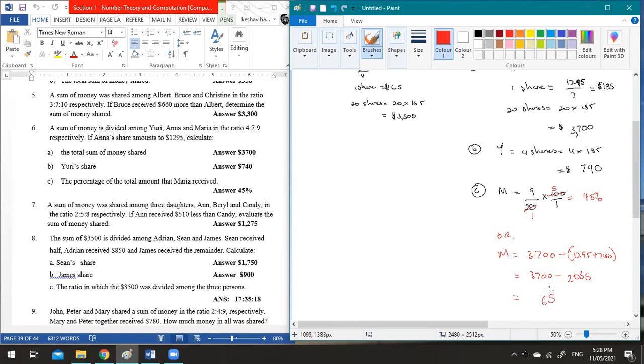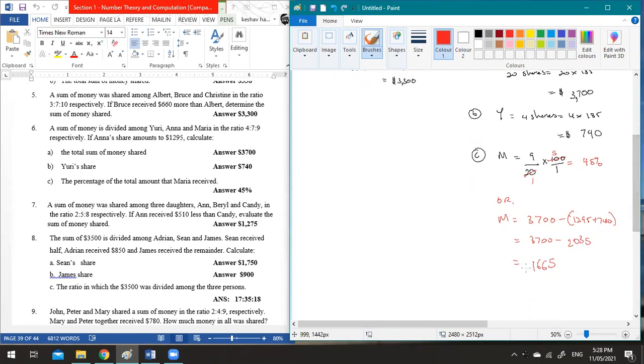Right, and you have to put this amount, so Maria would have got $16.65 over the total amount, multiply by 100 over 1, and using your calculator, you're supposed to get 45%.